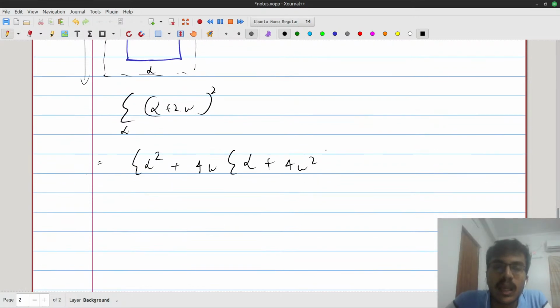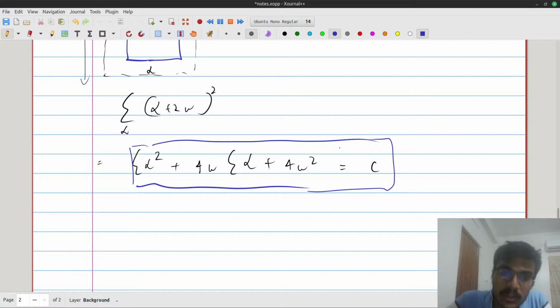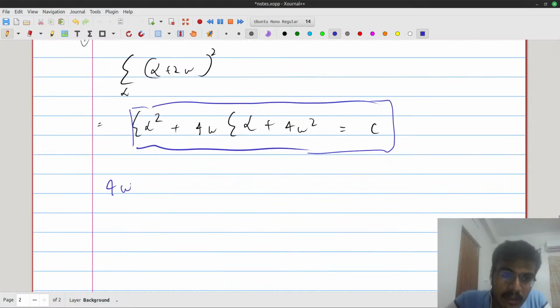Okay, and we know that this is equal to C. C is the sum of like all of these areas, so that's equal to C. So this is the equation which I have. So let me rewrite this in a better form. It will be like 4W squared plus 4W summation of alpha plus summation of alpha squared minus C equals 0.